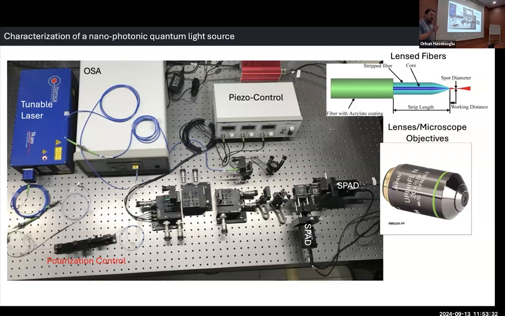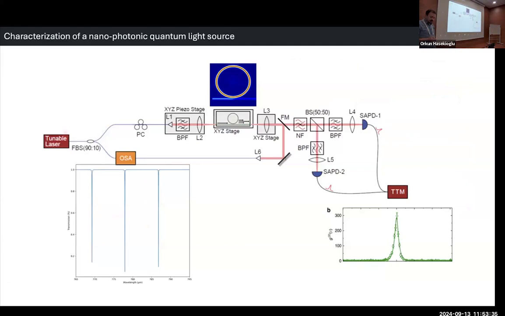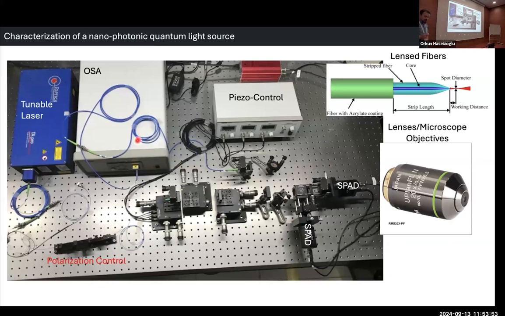So you want to scan this transmission spectrum with a very narrow laser to see the transmission drop, because these modes belong to the cavity. You want to excite from this mode and generate signal and idler photon pairs in this one and this one. Then this is the optical spectrum analyzer. It can be a monochromator, etc. It gives you the spectral behavior of your source or laser.